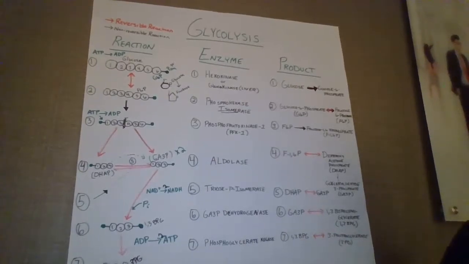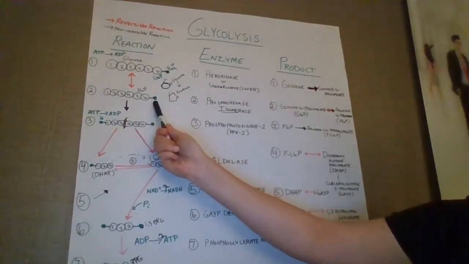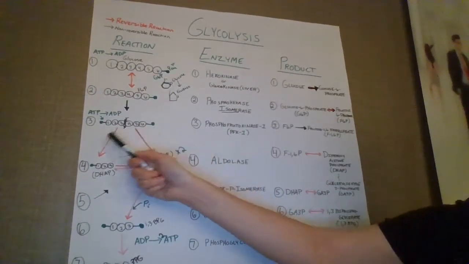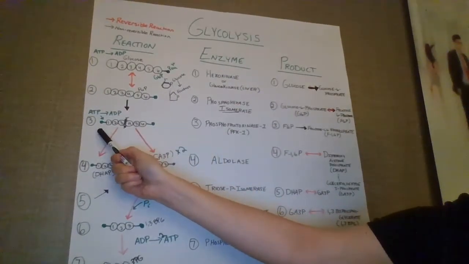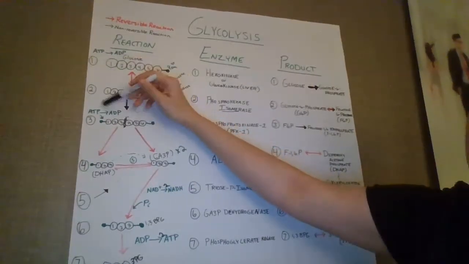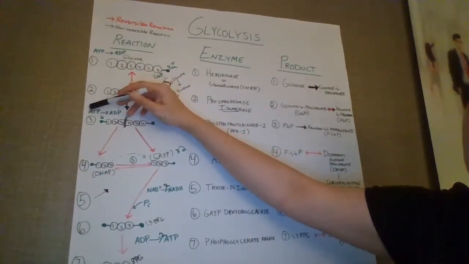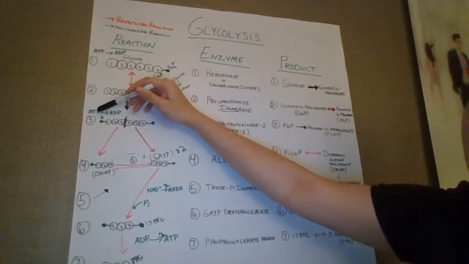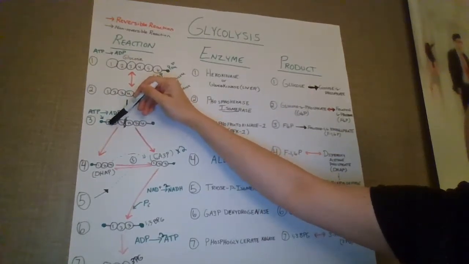But what we're going to do, notice here that we only have one phosphate here, but on this 6-carbon molecule, what do you notice? We've actually added another phosphate to this end. So to do that, again, similar to what we did in the first step, we're going to steal a phosphate from an ATP. This enzyme is going to help do that. And it's going to take that phosphate and add it to the 1 carbon of this fructose molecule.